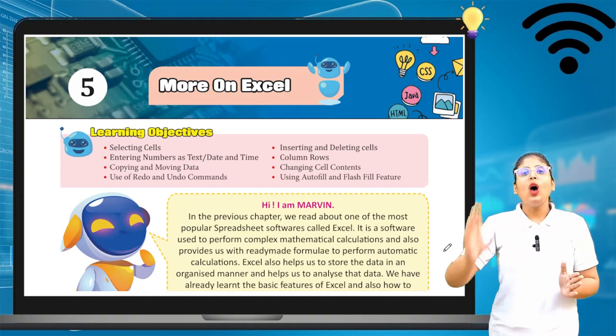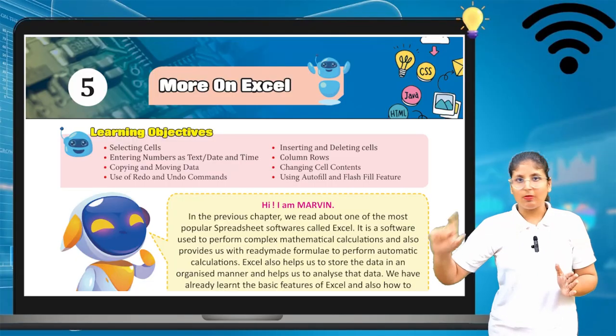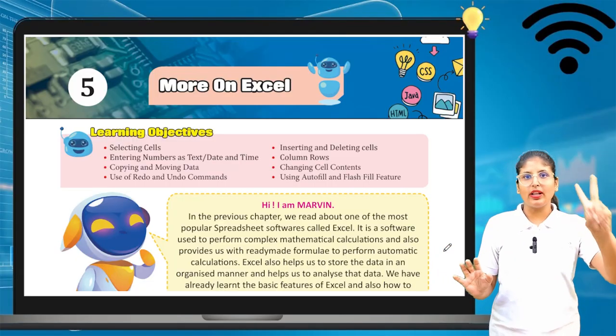First, we will see how we can select a cell. In the previous chapter, we already know what is a row, what is a column, what is a cell.